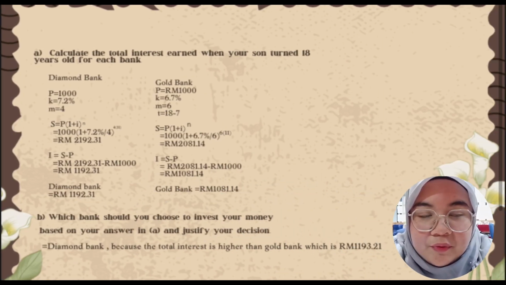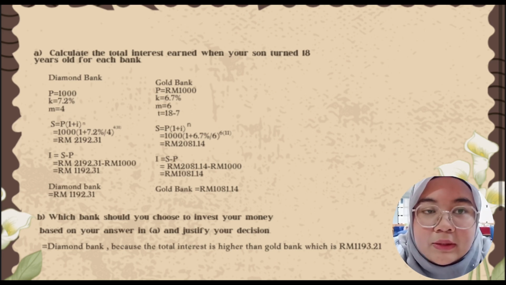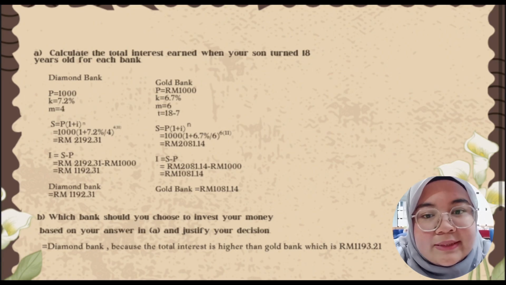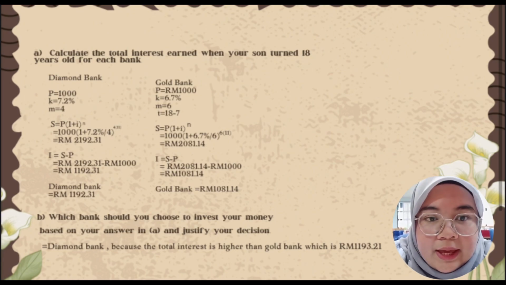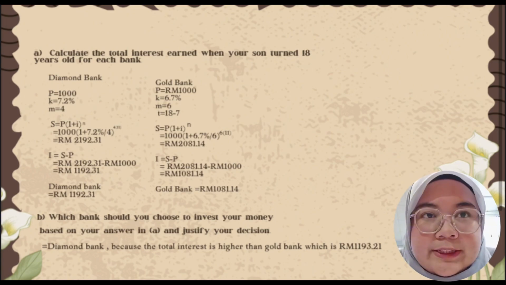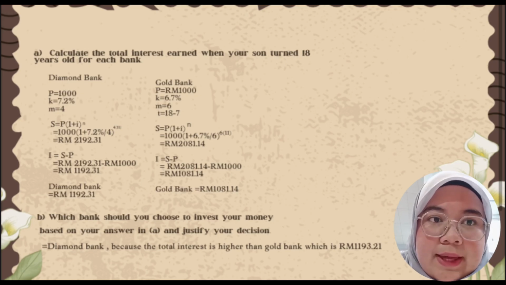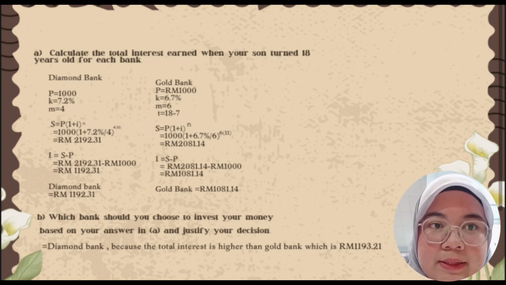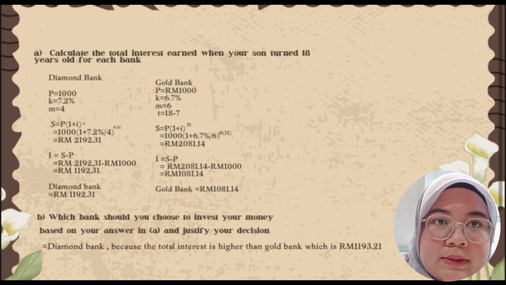So for question A, we have to find the interest. Based on the question given, P is 1,000. T is 18 minus 7, which equals 11 years, because the question states that your son just turned 7 this year, and we need to find the total interest when he turns 18. This becomes t. Now we insert it into the formula, which becomes S equals 1,000(1 + 7.2%/4)^(4 times 11).